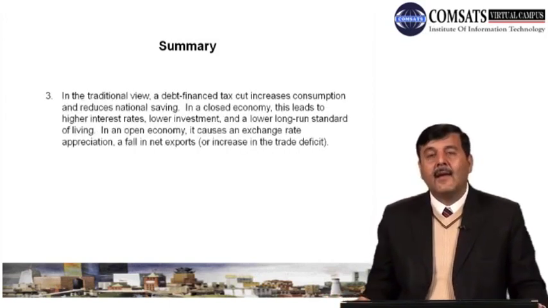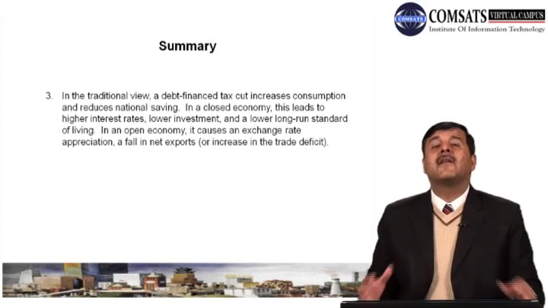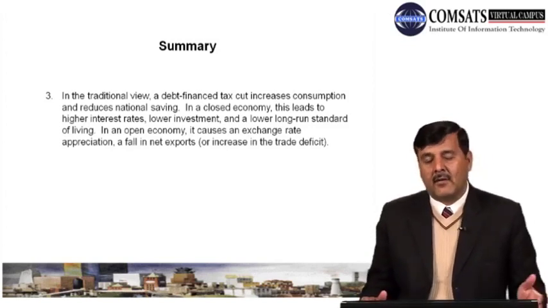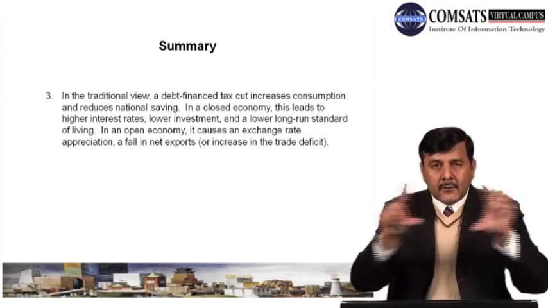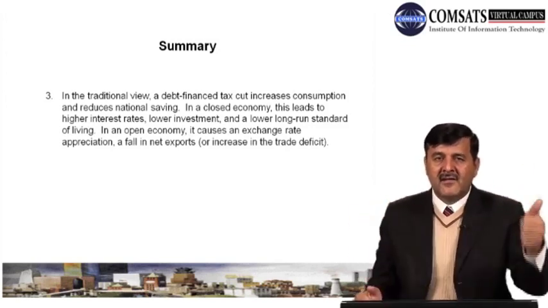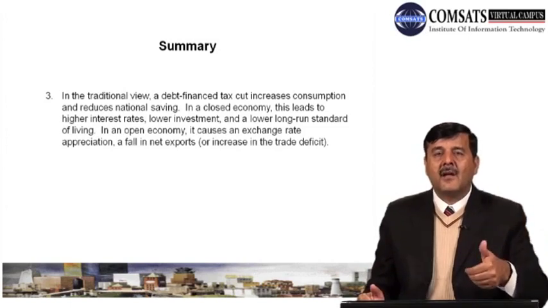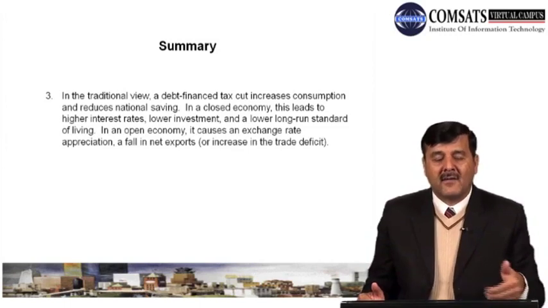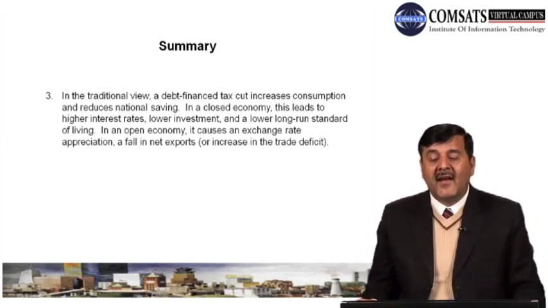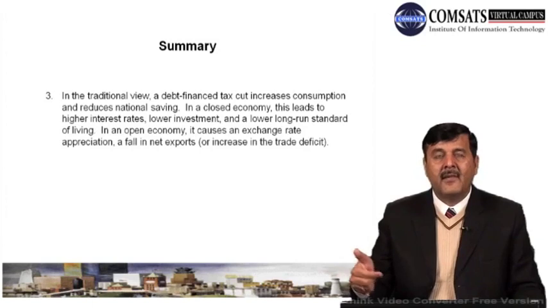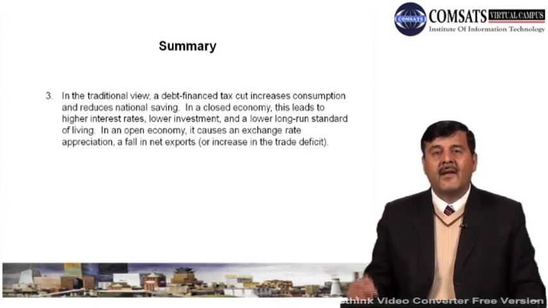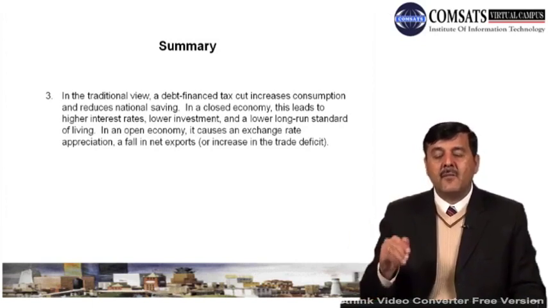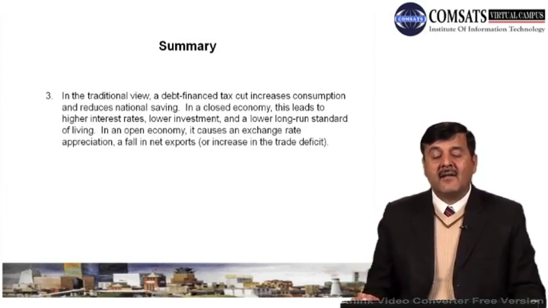After that we talked about whether or not this is a problem for the governments, the countries, and the economies. We talked about two views specifically: the traditional view and the Ricardian Equivalence hypothesis. In the traditional view, a debt-financed tax cut increases consumption and reduces national saving. In a closed economy, this leads to higher interest rates, lower investment, and a lower long-run standard of living.